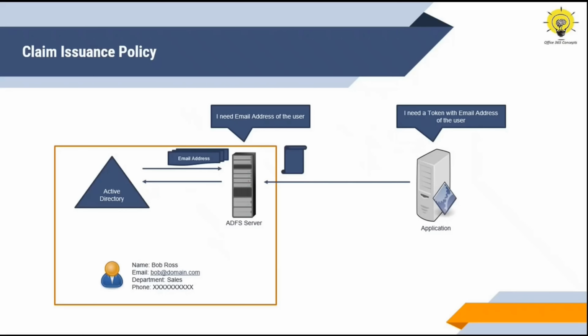It will add the claim within the token and will send this token to the application. Now the rule that decides what attribute ADFS will ask Active Directory to issue and what attribute or claim ADFS will send to the application is decided by claim issuance policy. So claim issuance policy is a set of rules that decide which claims the ADFS server will send to the application within the token.